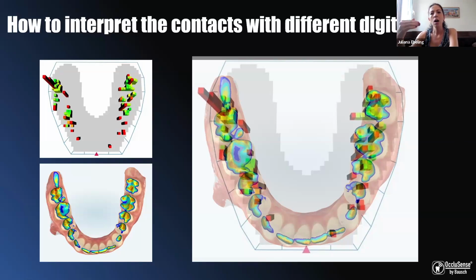Exactly because the scanners give us a frame, a picture from one moment, and OccluSense shows us the whole movement, the whole context that happened during this movement, frame by frame, different from the papers that put all this movement, all this contact together and summarize everything.